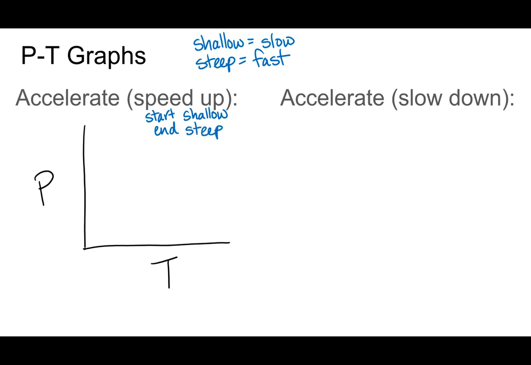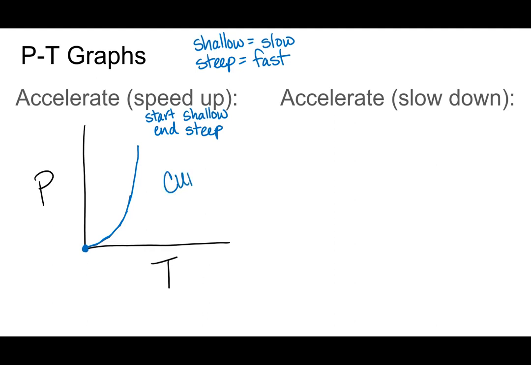So let's see. Here we go. Start at the tree. We're going to start slowly, nice and shallow. And as time goes on, we're getting steeper and steeper. Do you see the shape? It's going to curve upward.